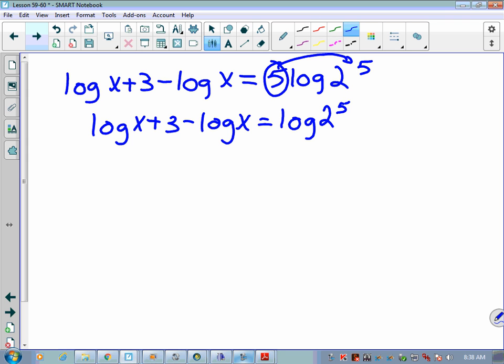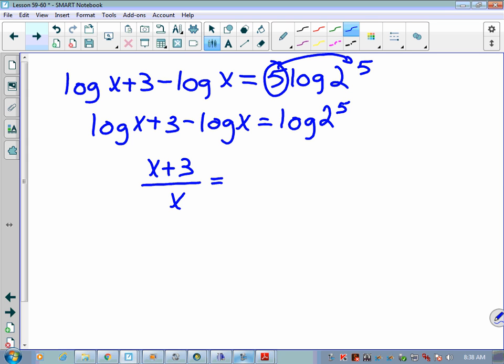Now everything is in the same log base, everything is in base 10. Does that make sense? Because everything is in the same log base, I can get rid of those logs. I can write this as (x plus 3) divided by x equals 2 to the 5th.